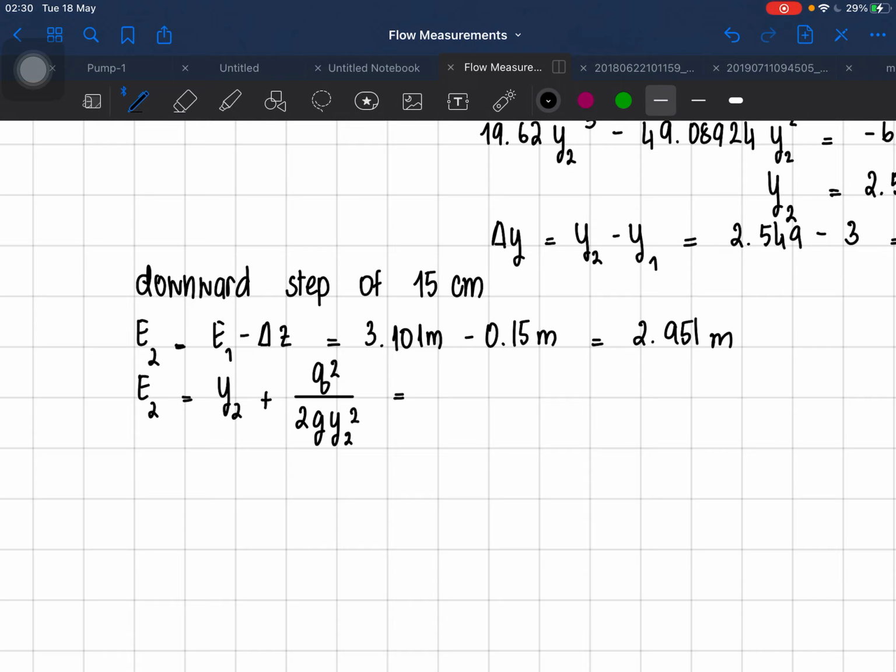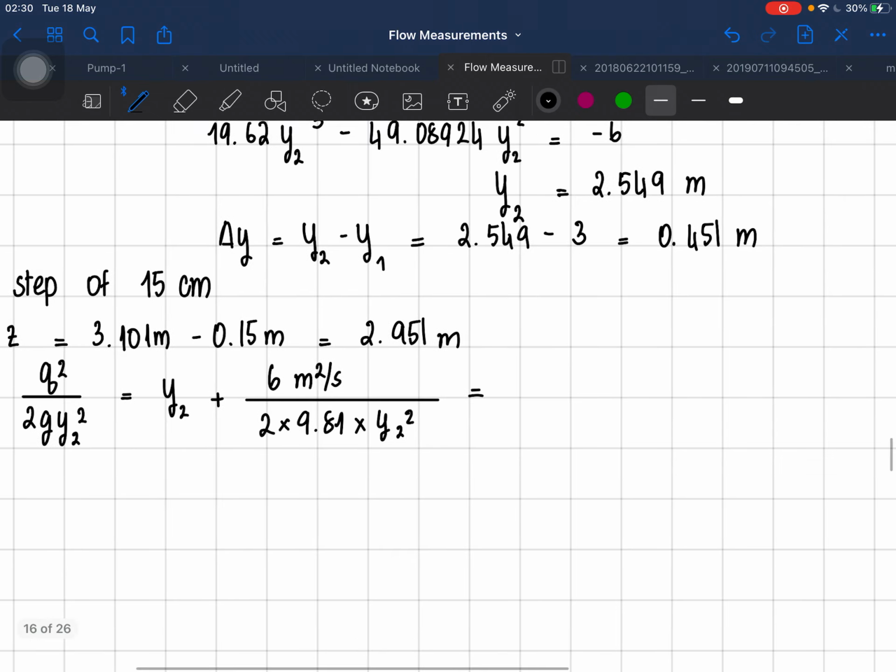This will be the same because we're trying to find y2 plus 6 meters squared per second, 2 times 9.81 times y2 squared, equals 2.951 meter.